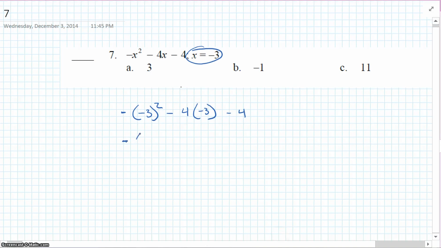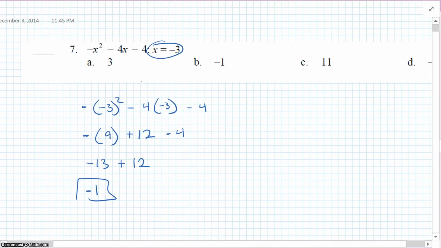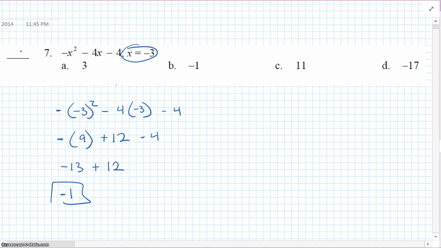So it's going to be negative 9. Okay, negative 4 times negative 3. So it's going to be plus 12 minus 4. So sum like terms, it's going to be negative 13 plus 12, which when you add those together, you're going to get negative 1. The answer is B.